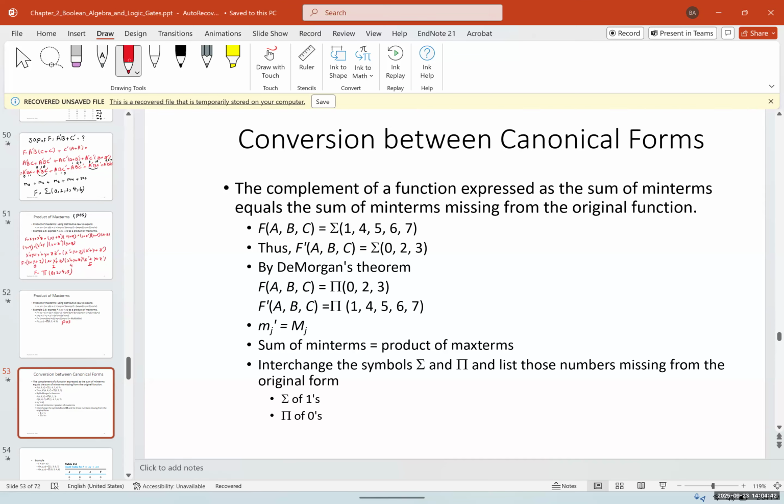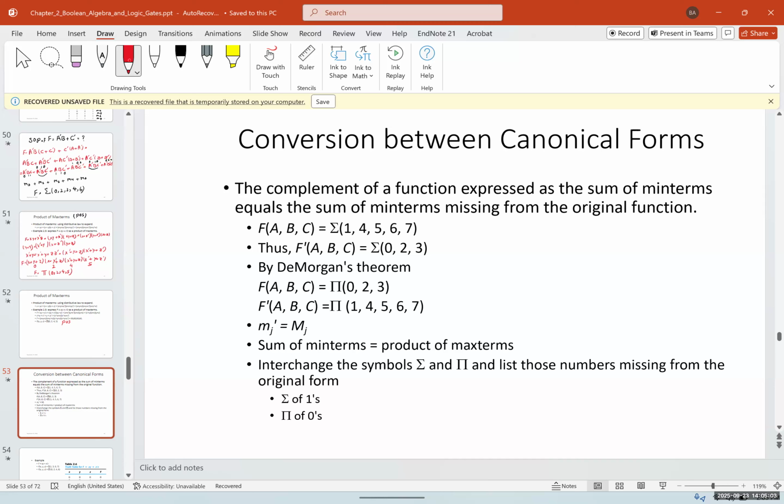By De Morgan's theorem, the same for a maxterm: f of ABC, if it's the product of 0, 2, and 3, f prime would be the product of 1, 4, 5, 6, 7, which is what is missing from 0, 2, 3.